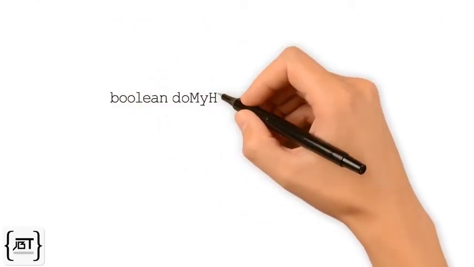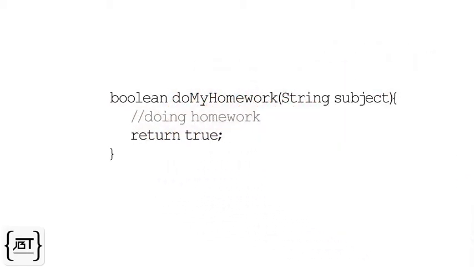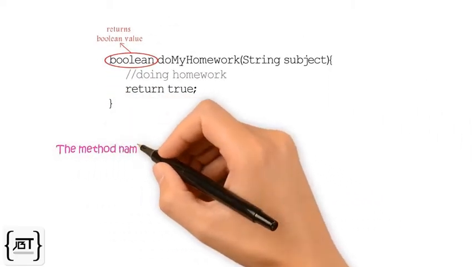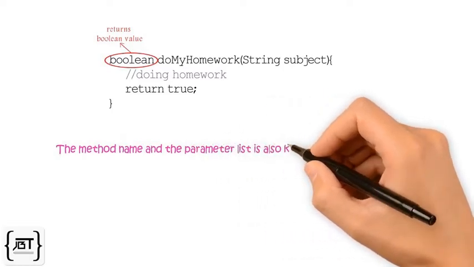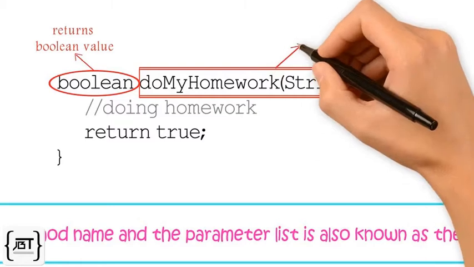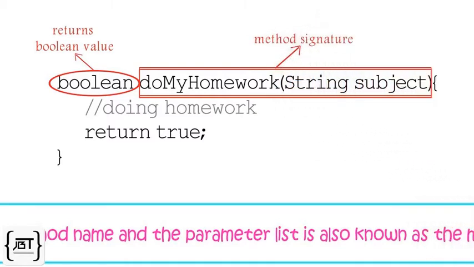This method produces an output of true or false depending on whether it was able to complete the homework. The method name and the parameter list is also known as the method signature. In this code, doMyHomework(String subject) is the method signature.